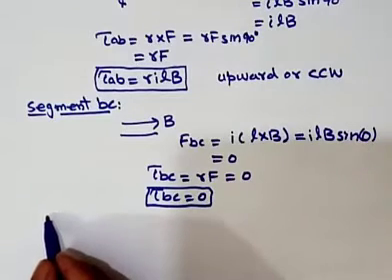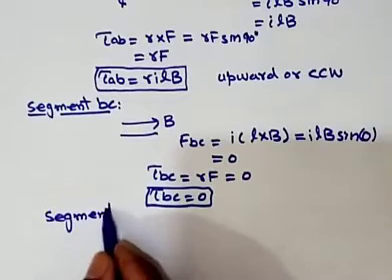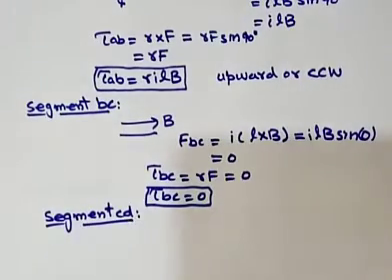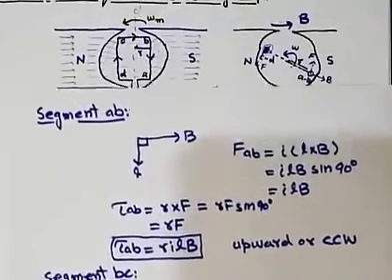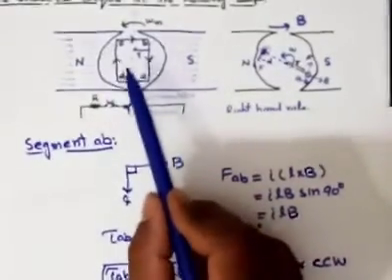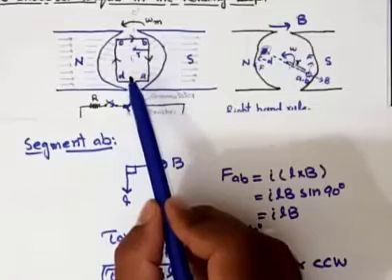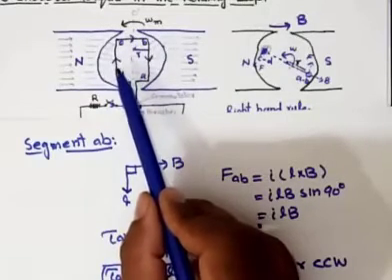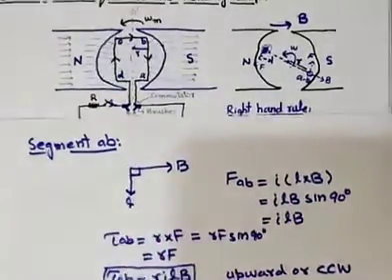The third segment is segment CD. As you can see in this diagram, in segment CD, the direction of the current is inward and the direction of the magnetic field is toward right.